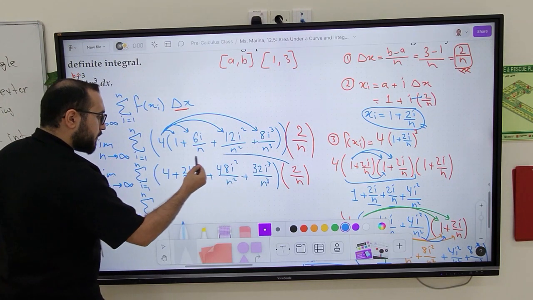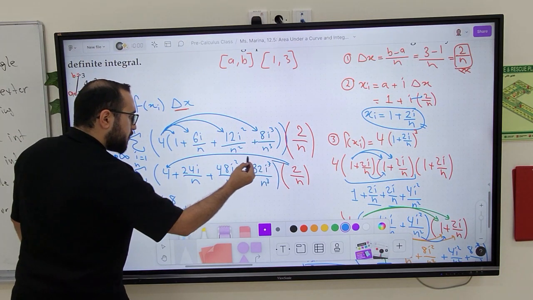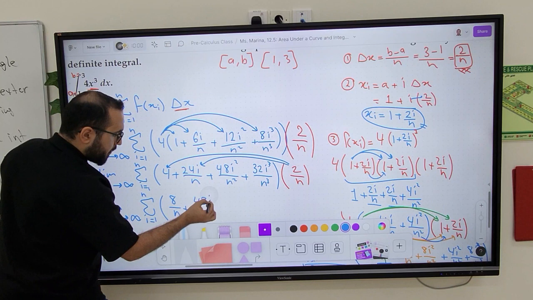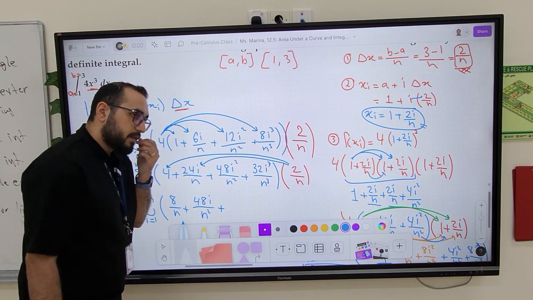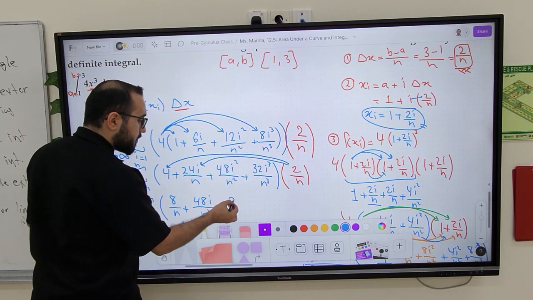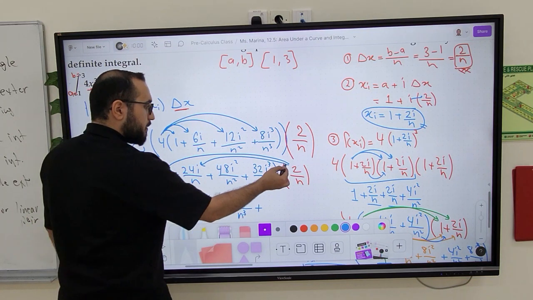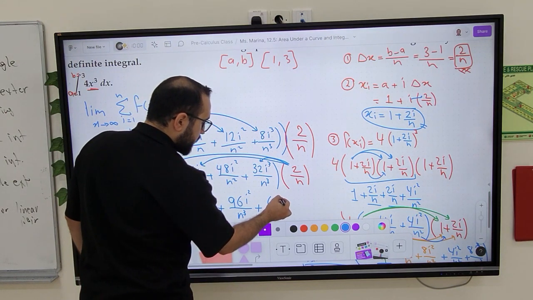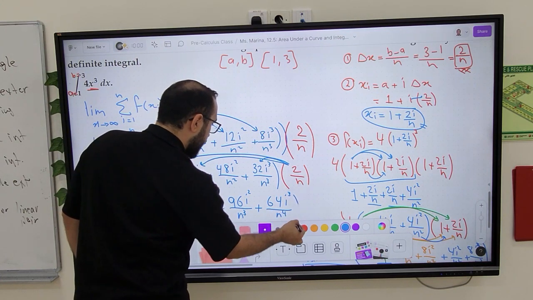Now let's distribute 2 over n times 4, which is 8 over n, plus 2 over n times 24i, which is 48i over n squared, plus 2 times 48, which is 96i squared over n cubed, plus 2 times 32, which is 64i cubed over n to the power of 4.